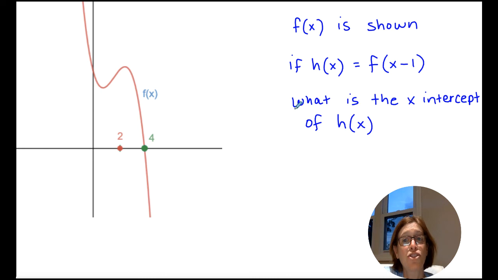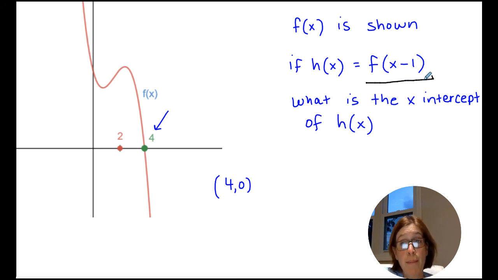F of x is shown. If h of x is equal to f of x minus 1, what is the x-intercept of h of x? Okay, so I first want to find the x-intercept of f of x. Well, x-intercept of f of x is 4, 0. Well, h of x, it's saying we're doing something to f of x.